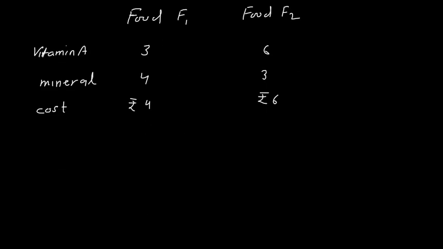So here we have to minimize Z is equals to 4x plus 6y. Now food F1 we are producing X unit and food F2 we are producing Y unit. So 4x plus 6y is our minimum cost. We have to minimize Z is equals to 4x plus 6y.